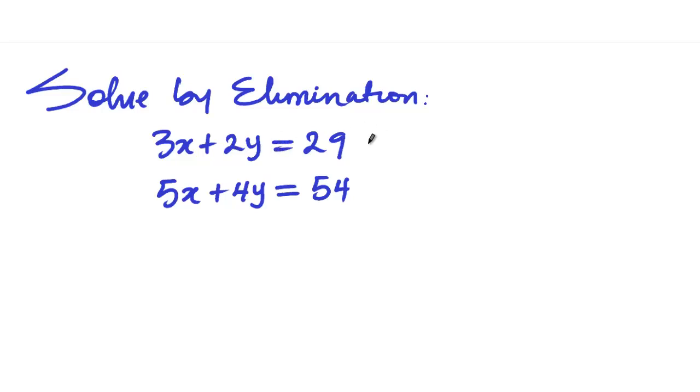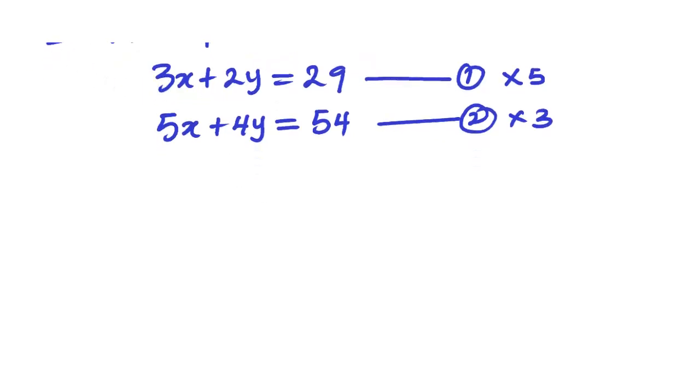So let's call this particular one equation 1. And let's call this one equation 2. Because of what I want to do, I want to eliminate x. I will say let's multiply equation 1 by 5. Right? And let's multiply equation 2 by 3. So what it implies is that everything in equation 1 will be multiplied by 5.